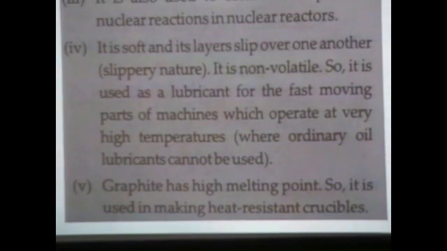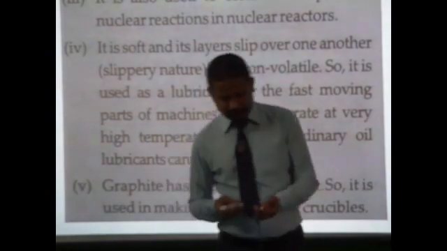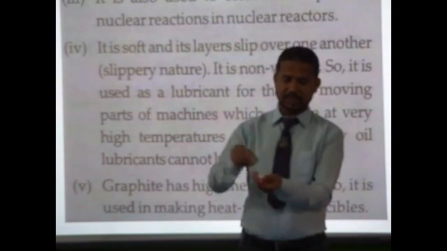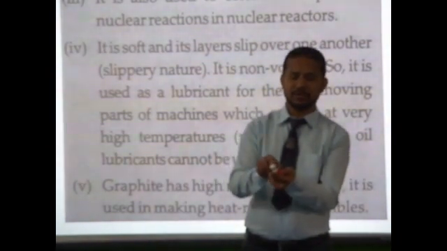Number 4, it is soft and its layers slip over one another, a slippery nature. For example, in graphite, atoms are arranged in such a way that they can slide over each other.